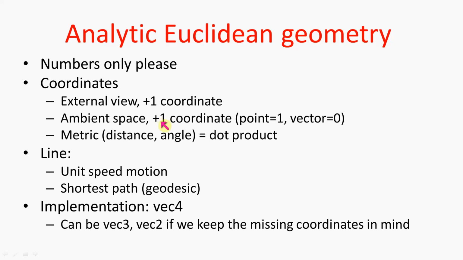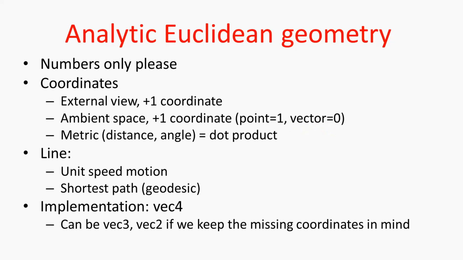This gives us an extra coordinate, W, and this extra coordinate for Euclidean geometry and for points is equal to 1, and for vectors it's equal to 0. This strategy can also be applied for non-Euclidean geometries, like spherical, hyperbolic, or projective geometries.